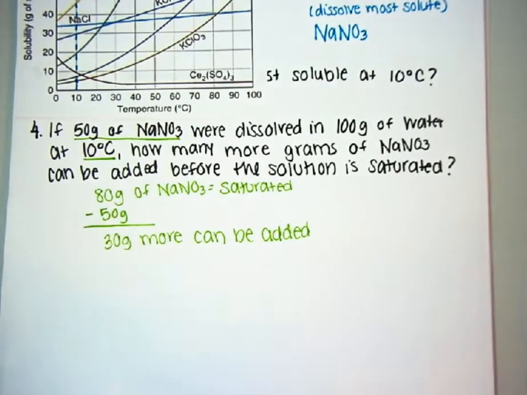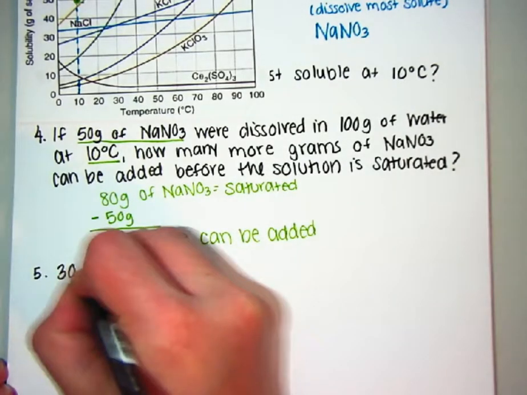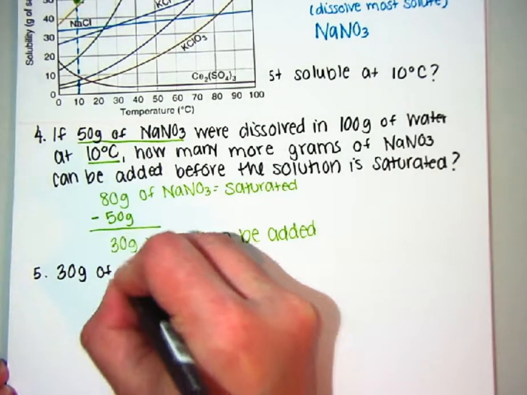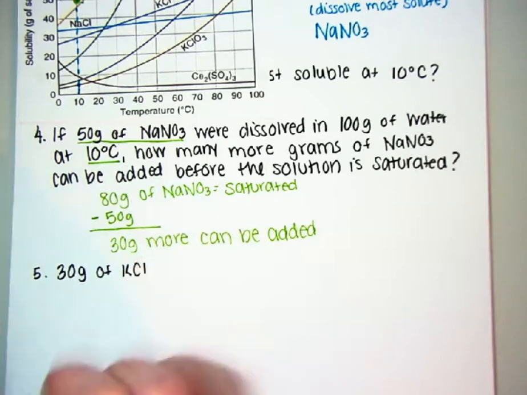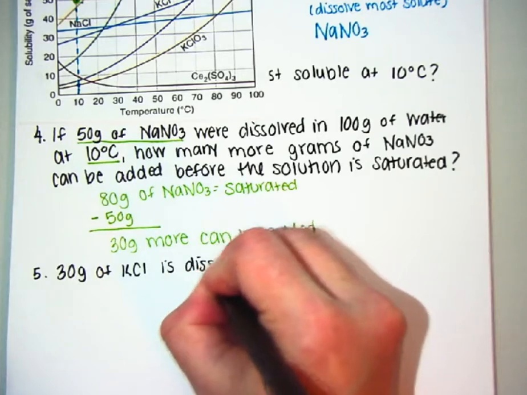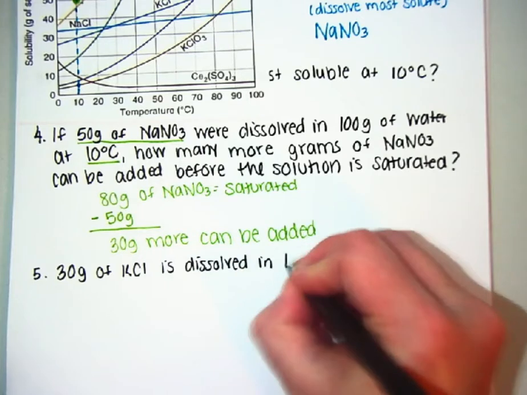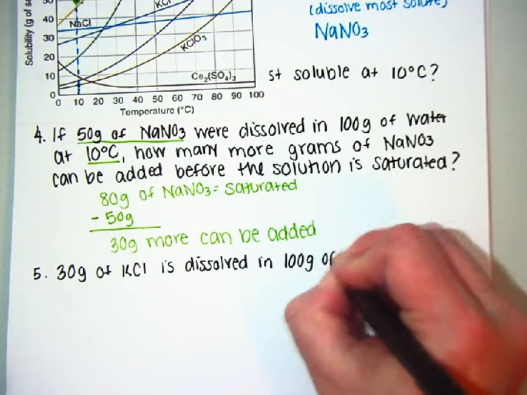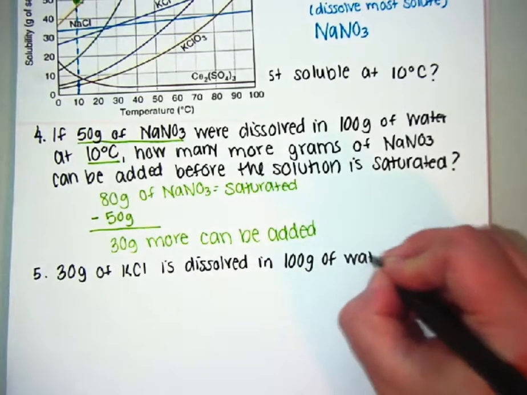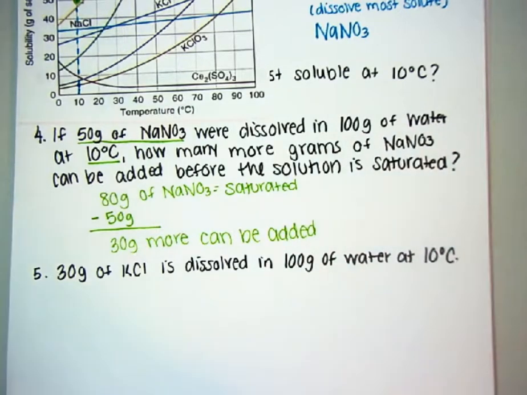Last question. 30 grams of potassium chloride is dissolved in 100 grams of water at 10 degrees Celsius.